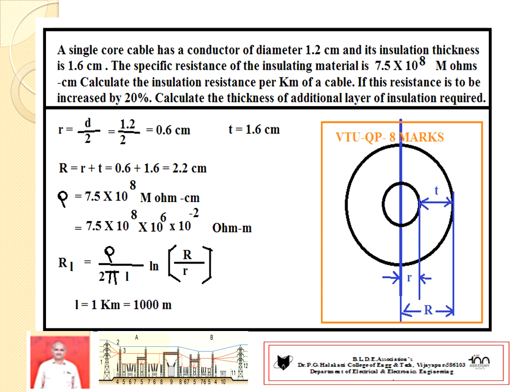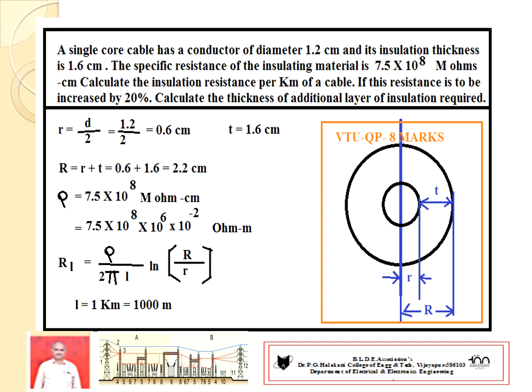Try to understand. You refer Bakshi or you refer Mehta, you refer any book, but problems and formulas, solving skill you understand. First you write down the things. What are the given? Diameter of conductor is given.